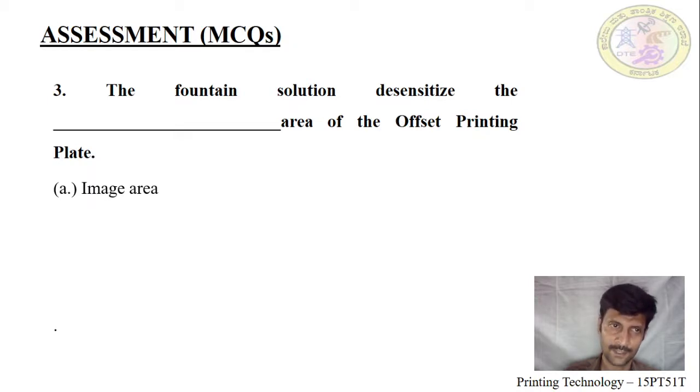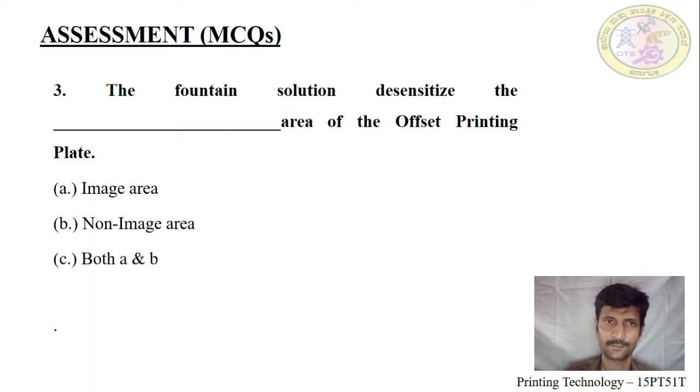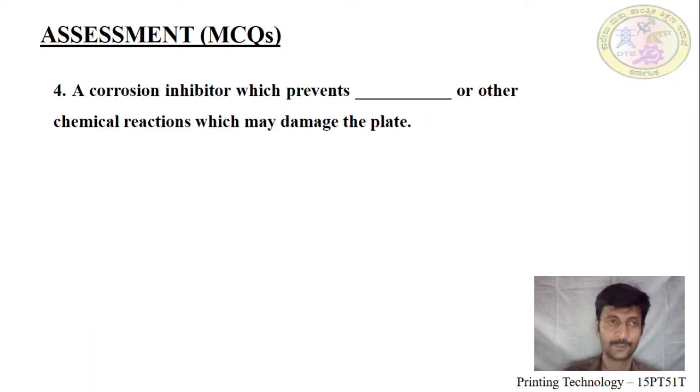First one is image area. Image area always accepts ink. Then second one is non-image area, which repels the ink, but what will it accept? You have to answer: both A and B, or none of the above.